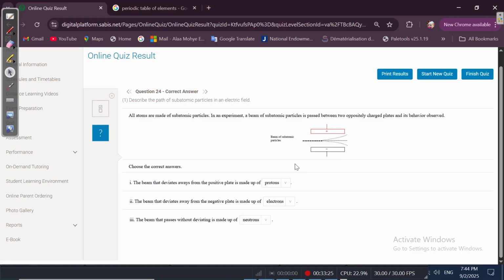Why? Because positive and positive repel, and protons are positive. The beam that deviates away from the negative is the electrons, because electrons are negative, and negative and negative repel. The beam that does not deviate at all, that keeps going straight, is the neutrons, because it's not charged, so it just keeps going straight. This might come as well. It's in the CQD. Know it well.